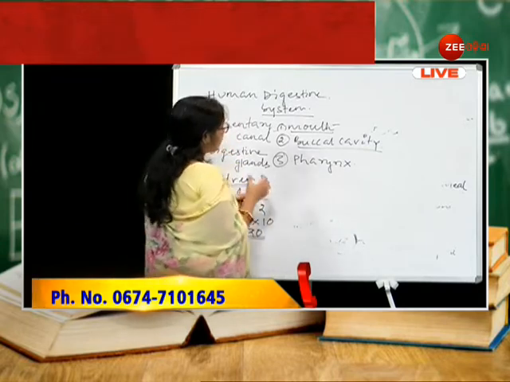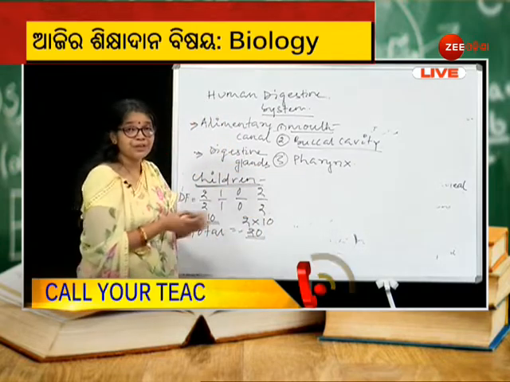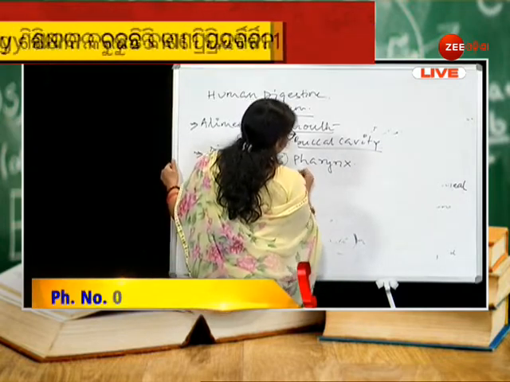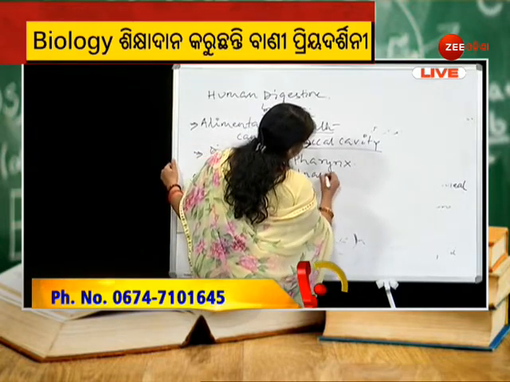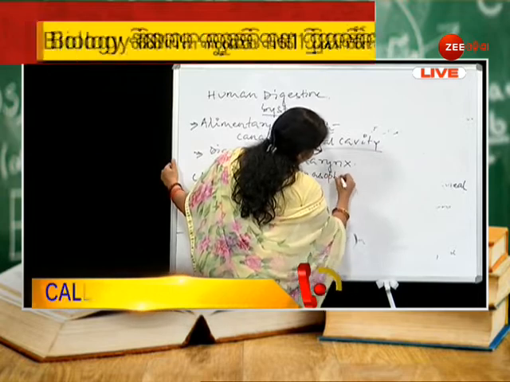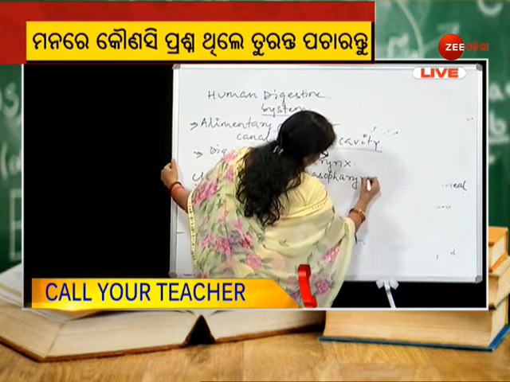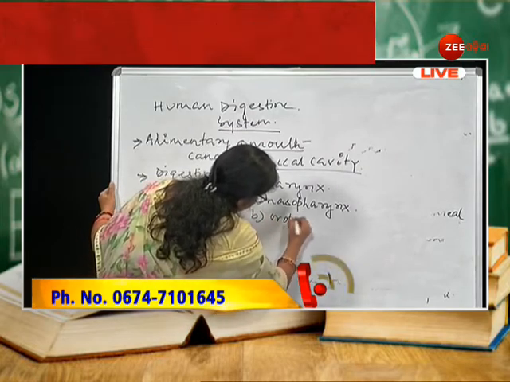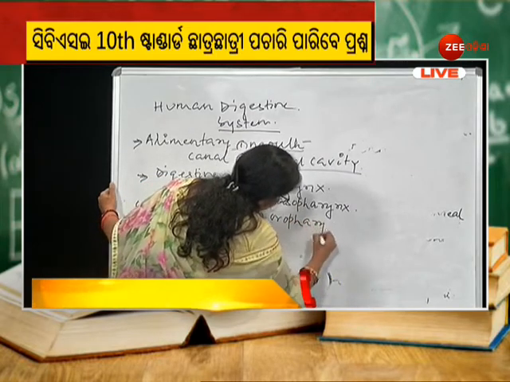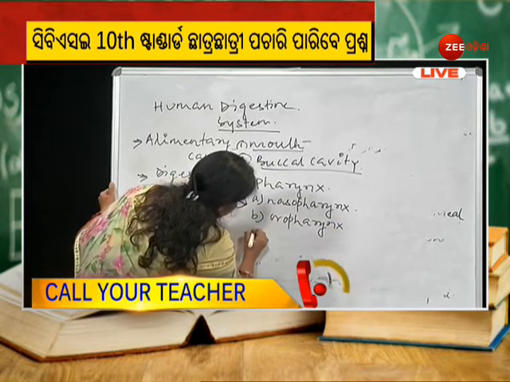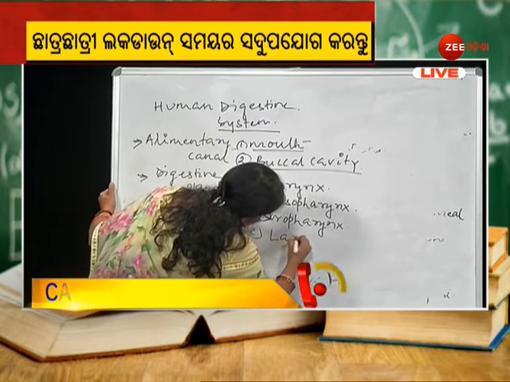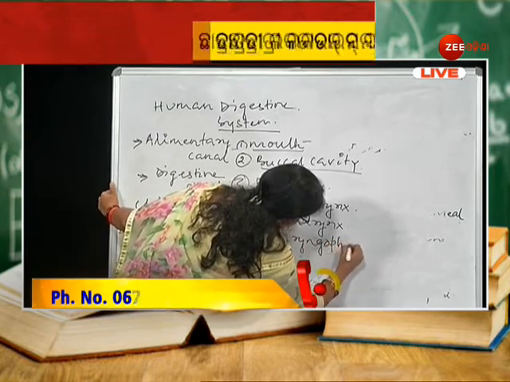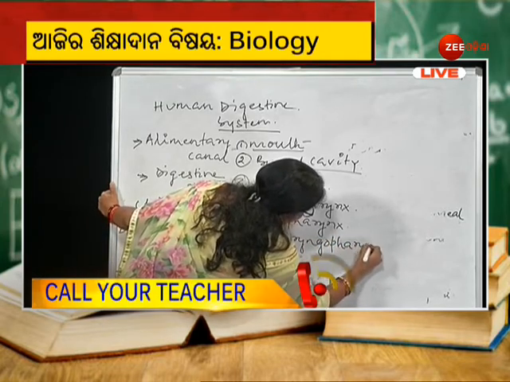First of all, we will discuss the different parts of the pharynx. The pharynx is divided into the nasopharynx, the oropharynx, and the laryngopharynx.